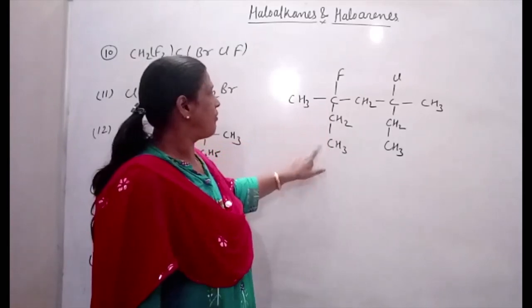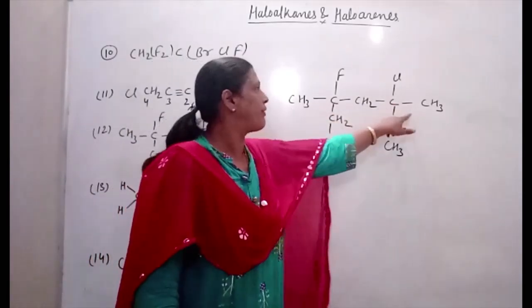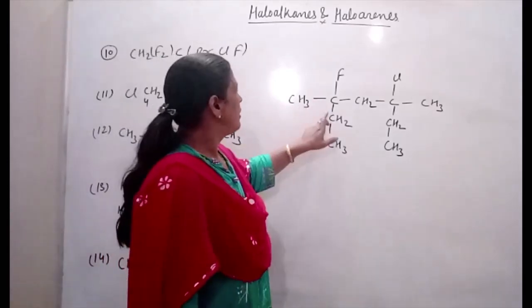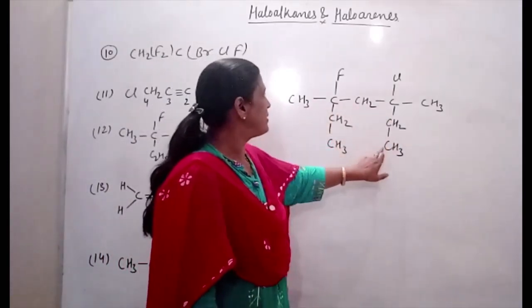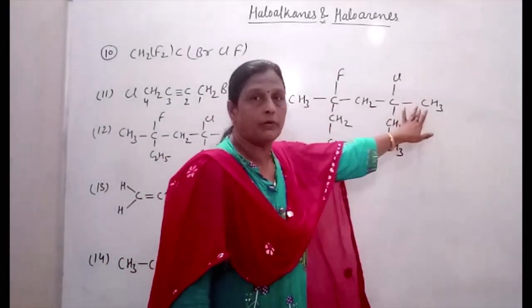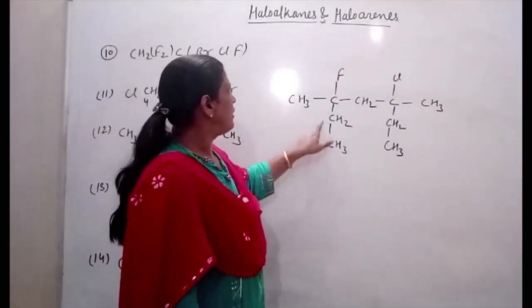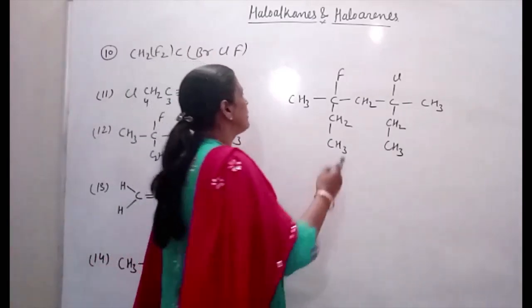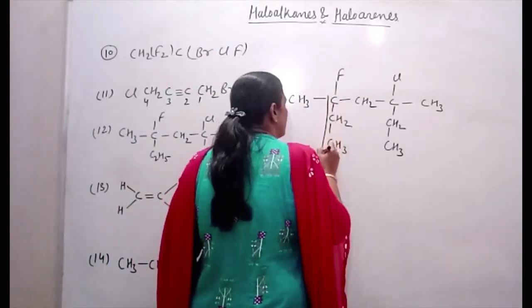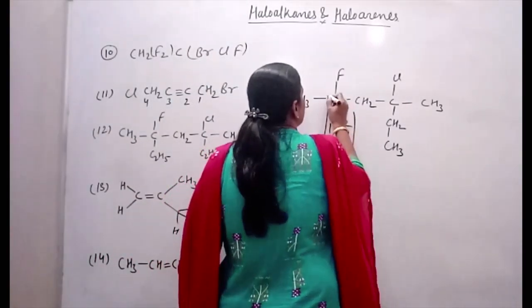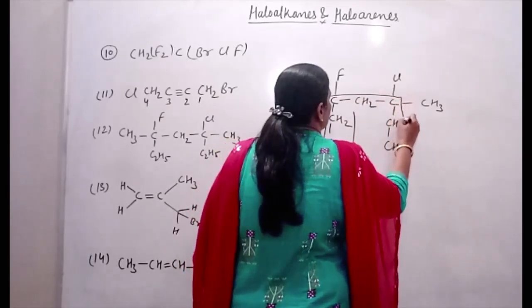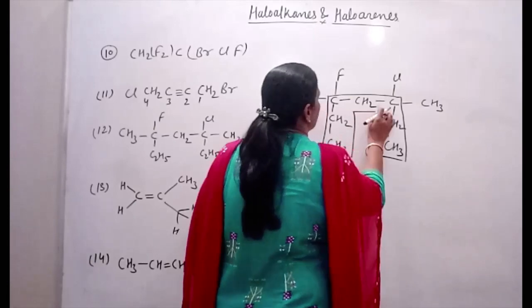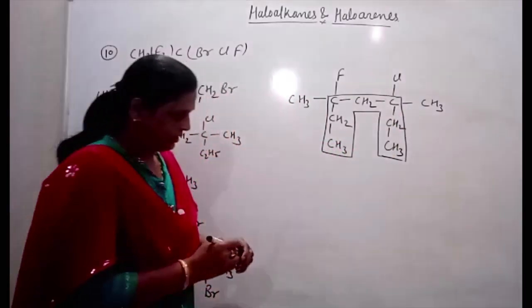Now you count the number of carbon atoms to identify the parent chain. 1, 2, 3, 4, 5, this is not possible. 1, 2, 3, 4, 5, 6, this is not possible. Again 1, 2, 3, 4, 5, 6, 7. So this carbon chain is the parent chain because it has 7 carbon atoms.